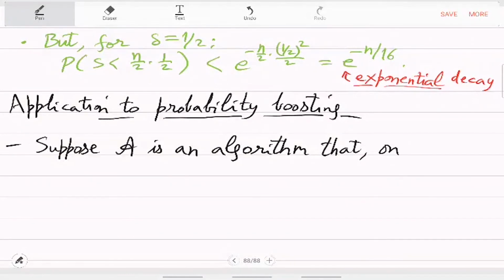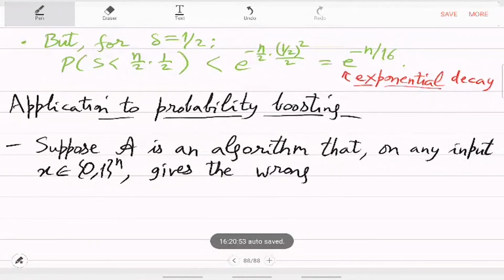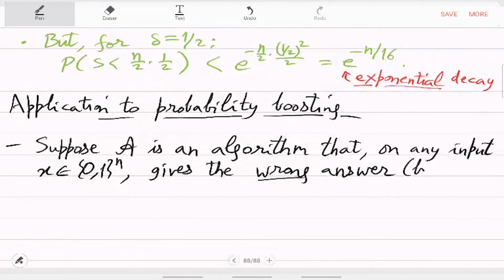So on input x, let's say of bit size n, it gives the wrong answer, which is a binary answer.